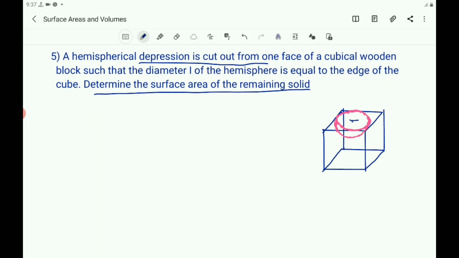It is given that the diameter of the hemisphere is L, and also it equals the edge of the cube. Therefore you take the solution here. Edge of the cube equals L, and the diameter of the hemisphere is also equal to L.